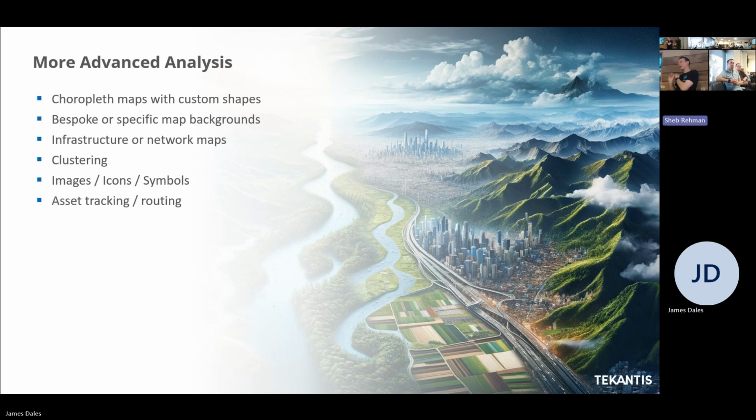Perhaps I work for a utility company, and I want my gas pipelines or my water pipes or my electricity wires represented in Power BI with my KPIs as to where my water's leaking or where I'm discharging sewage this week on the map. Or perhaps I want to cluster the data in a different way and represent that. Or maybe I just want to put some pictures on the map.